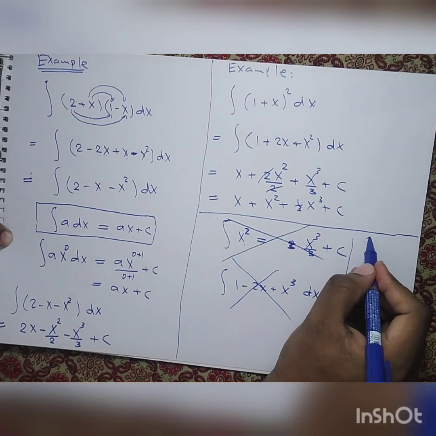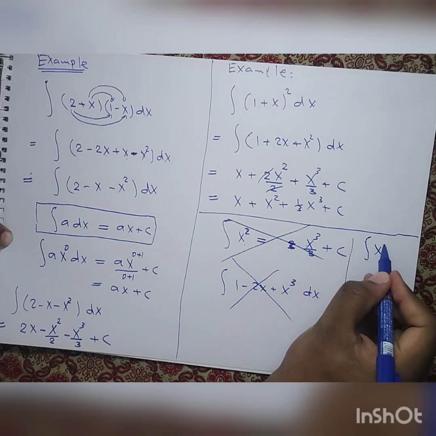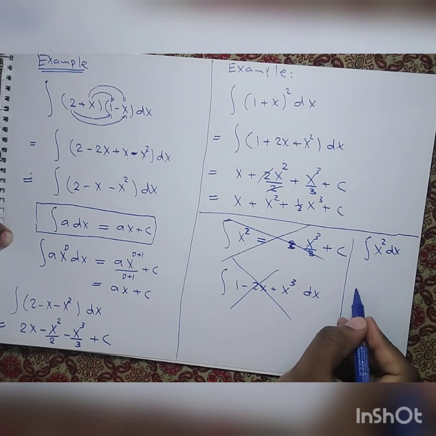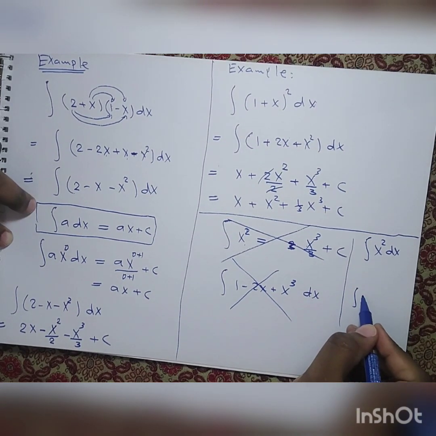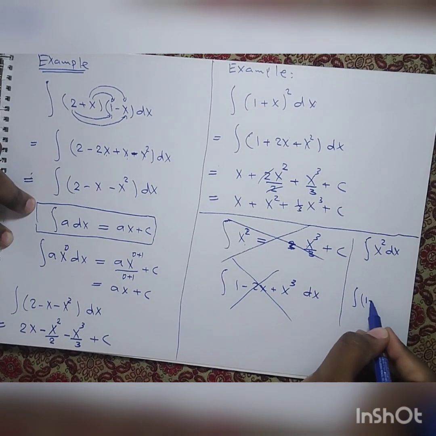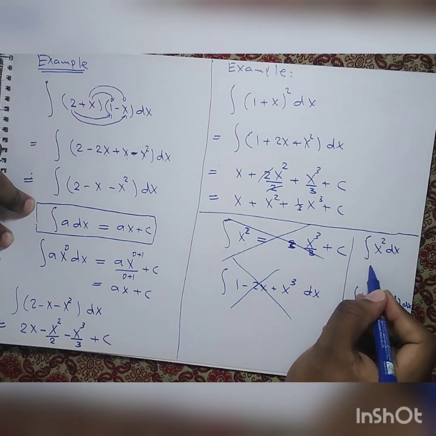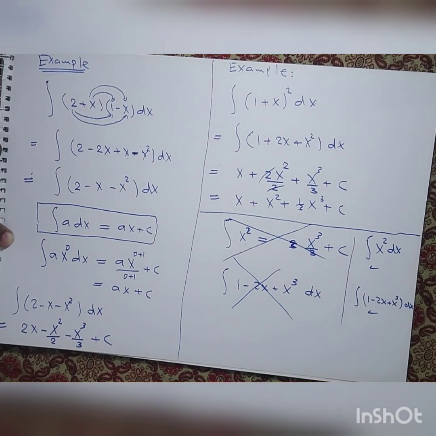Here we need to write it in the correct way. So we say integral, and then we also need brackets or parentheses, so we say 1 minus 2x plus x cubed, and then we close it, and then we say dx, and those now are okay. So this is the standard form of writing the integrals.